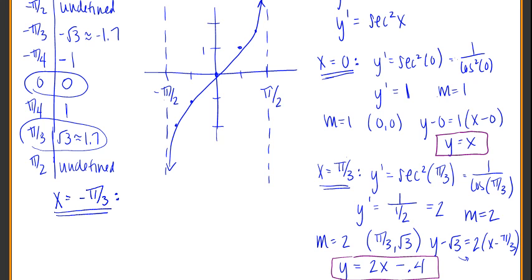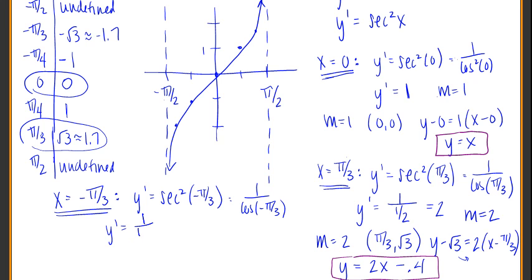Okay. So y prime, again, is just the secant squared of negative pi over 3. And that's going to be 1 over the cosine of negative pi over 3. And the cosine of negative pi over 3 will give us a y prime equal to the exact same thing as we did before.